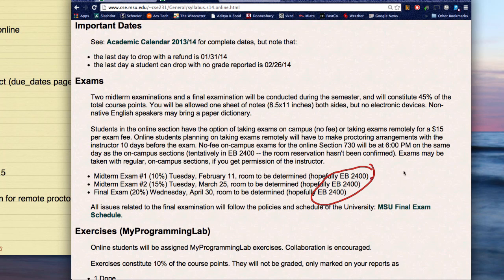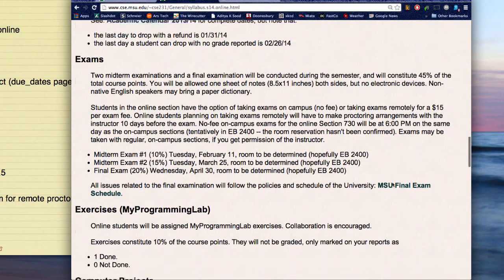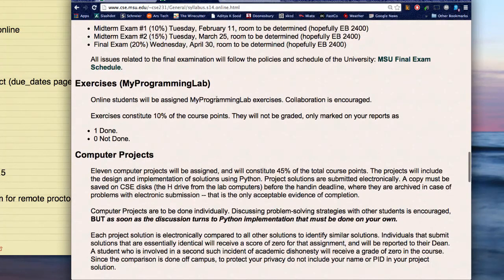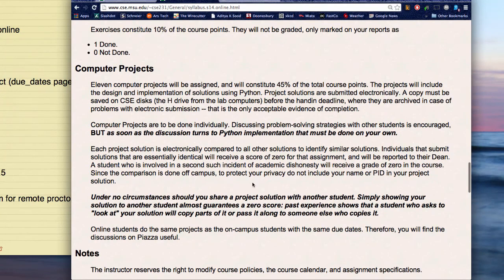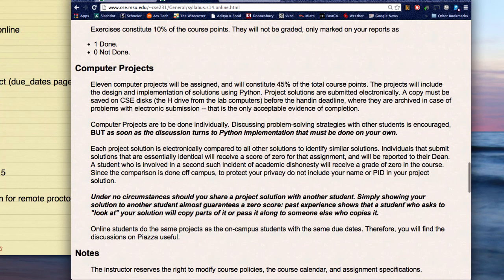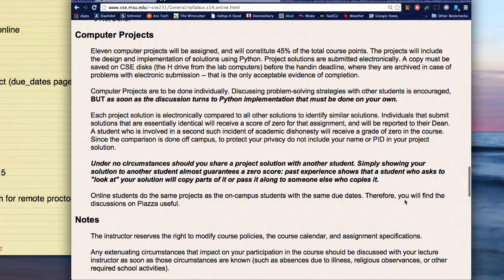But I haven't finalized that at this point, but I will send a note when I have that done. My Programming Lab, those are online exercises associated with a book. They'll be worth 10% of the course points, and they're done or not done. We'll be talking more about the computer projects. You're expected to work on them on your own, and we will penalize you if you collaborate too closely with someone else.